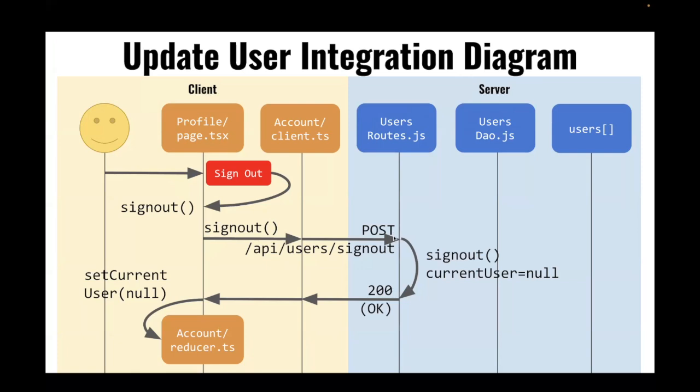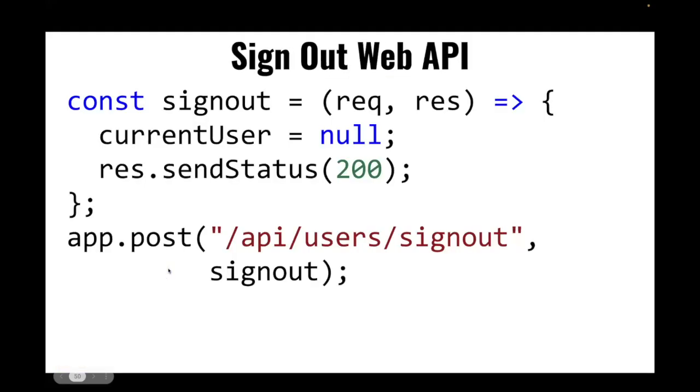And in the router, we don't even need the DAO for this. We're just going to nullify our current user and come back saying we were successful. And then in the client, we need to make sure that we keep in sync with what the server is doing. So we're going to set the current user to null as well in the reducer. Okay.